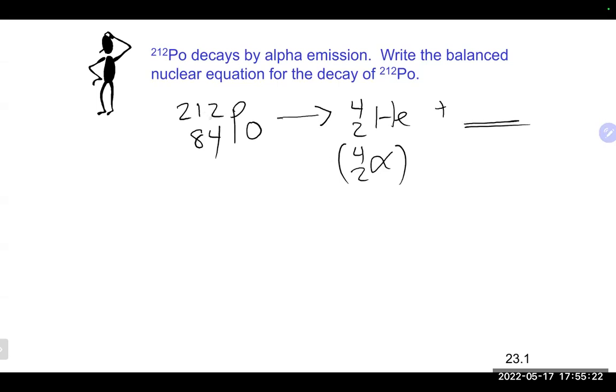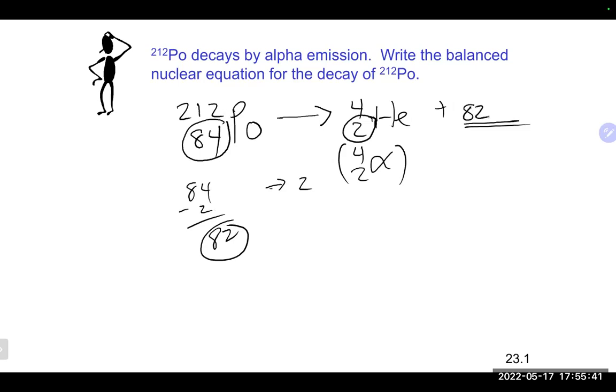Once again, I personally will start with the atomic number, because that's going to help me go to the periodic table and find what I need. I obviously have 84 on the left-hand side. I got 2 on the other side. That means if I subtract that, my missing atomic number is 82. And once again, I could simply go to the periodic table and find number 82, which is our good friend lead.